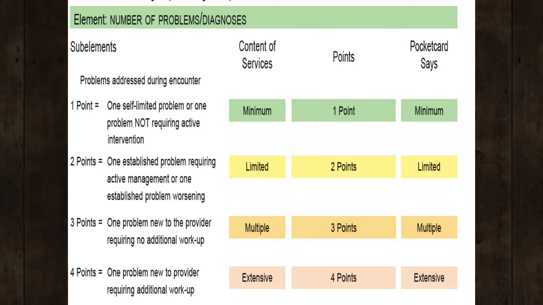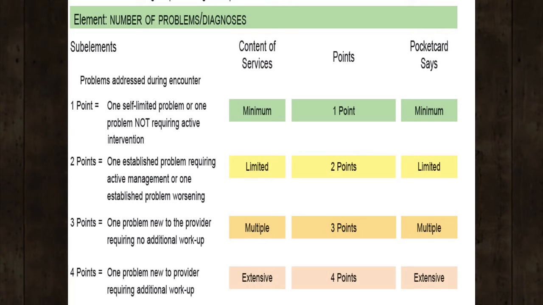The key point is a new problem to a provider requiring no additional workup is multiple, even though it's only one, and extensive is one new problem to a provider requiring additional workup. So that's confusing to many, that you need a lot of diagnoses, but you don't. It's the amount of work you're being paid for with medical decision making.